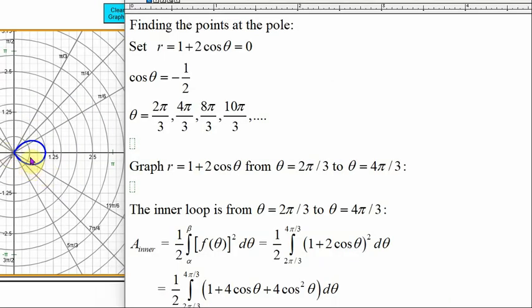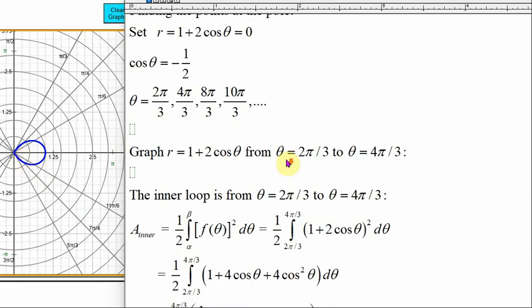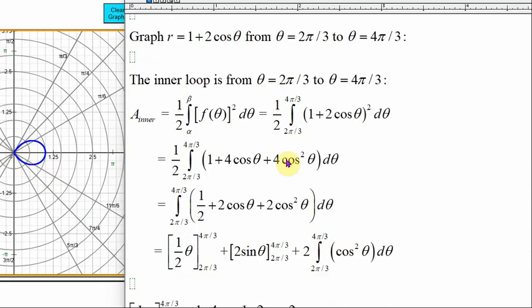So now let's find the area of this inner loop. It's going to be 1/2 times the integral from 2 pi over 3 to 4 pi over 3 of f of theta, which is 1 plus 2 cosine of theta, squared, d theta. Then simplify, we get 1 plus 4 cosine of theta plus 4 cosine squared of theta.